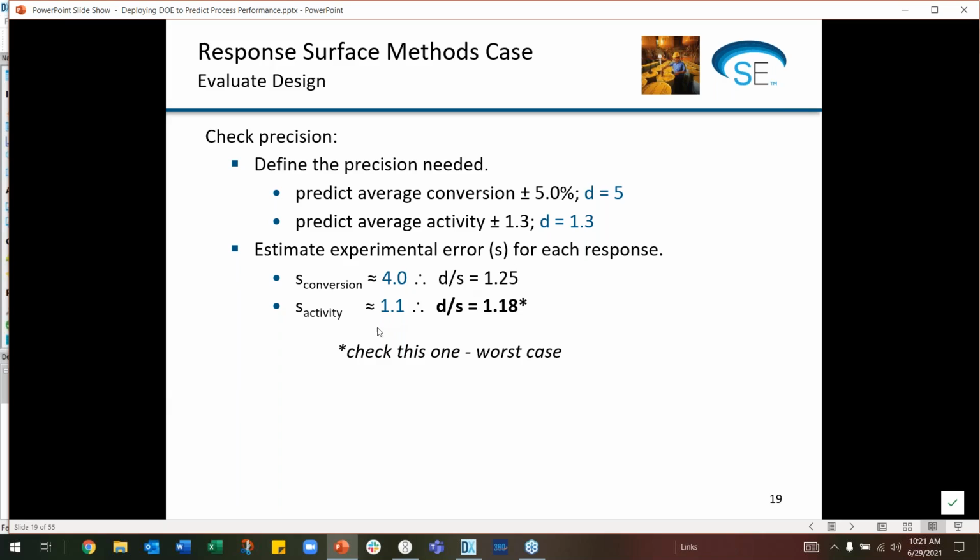We take 1.3 divided by 1.1, that signal to noise ratio is 1.18. This is the worst case. This is the smaller signal to noise ratio, so that's the one we want to check. Any responses with a larger signal to noise ratio will be fine if we can show that this smallest one is fine.